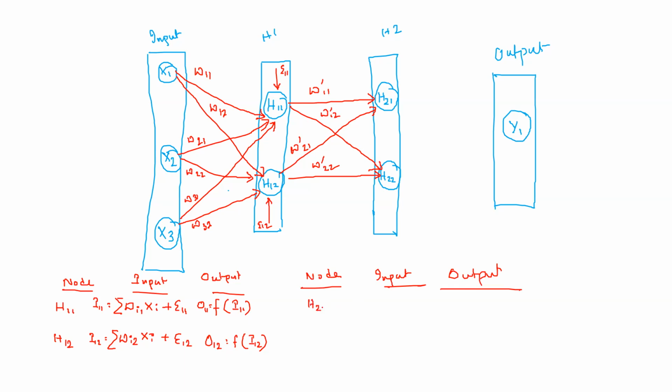The H21, the input will be summation of W dash i1 into output of 1i, plus error 21. This is basically input of 2,1.